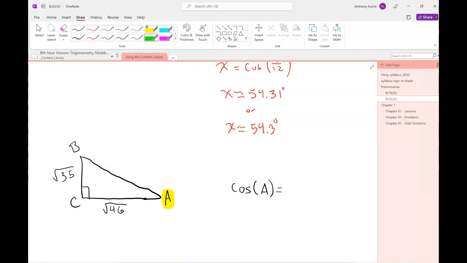The adjacent side is square root 46. The hypotenuse is obviously AB. So we're going to have square root 46 over, well, let's call this x for now. We need to figure out what x is. How can I figure out what x is?